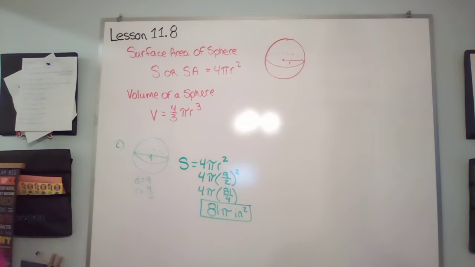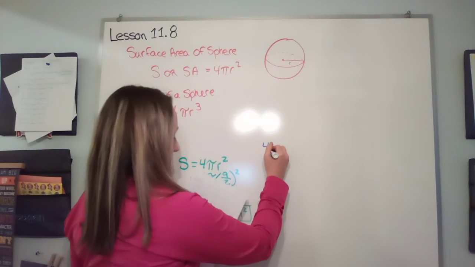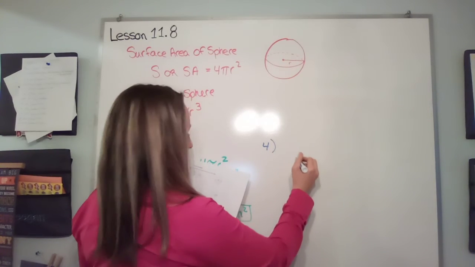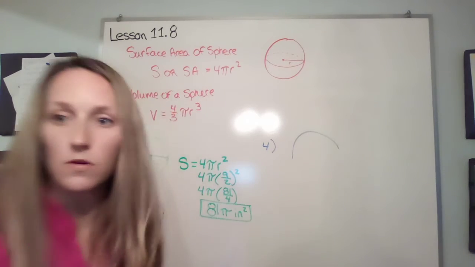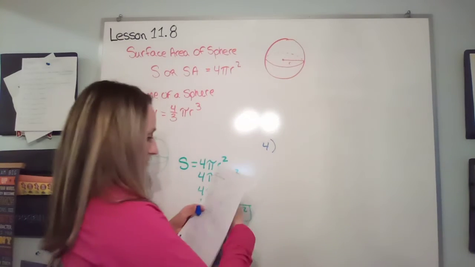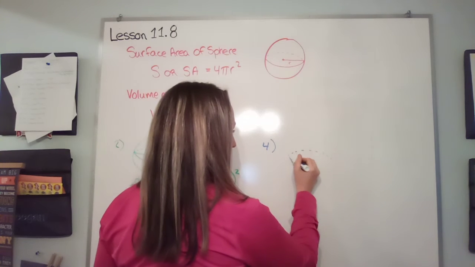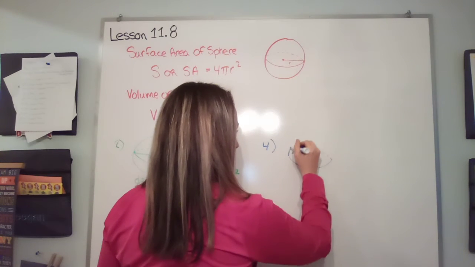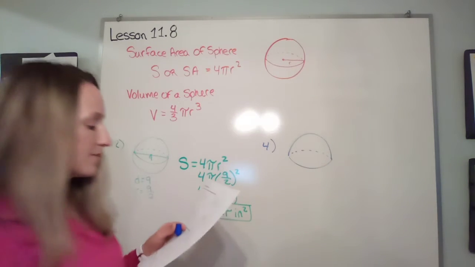Problem number 4. So we don't have a full sphere. Oh, that's terrible. Hold on a second. Maybe I'll start by drawing this. All right. We have a hemisphere. We have half of the sphere.